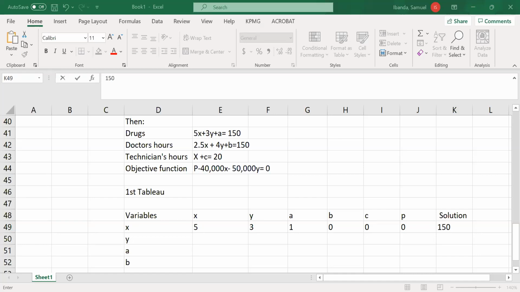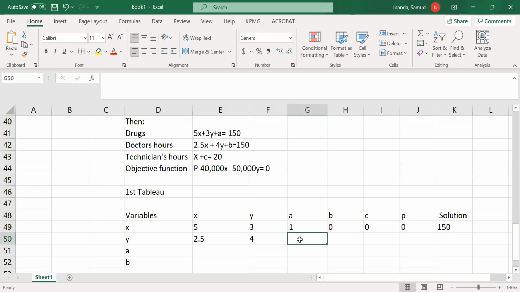After you have done that, now we have to proceed. Let's try to put this here. So this will be 2.5. And here we have 4.